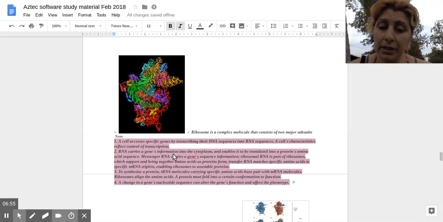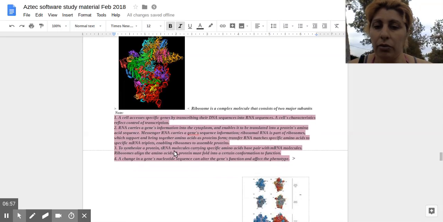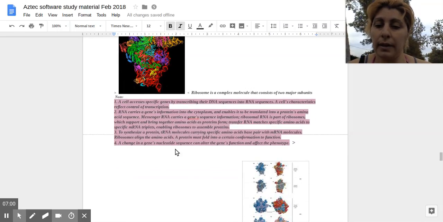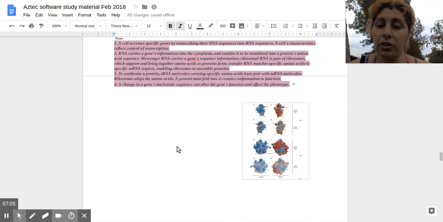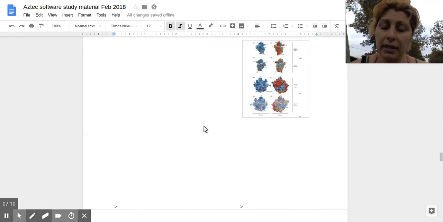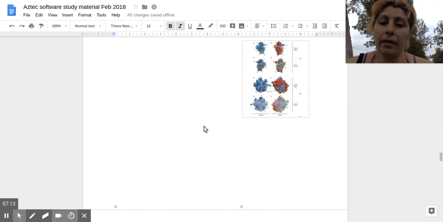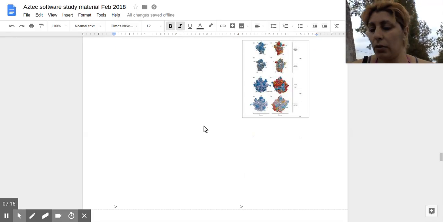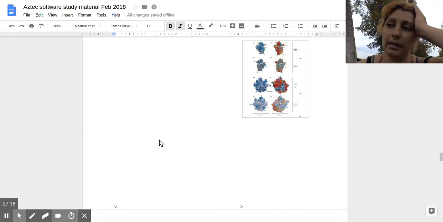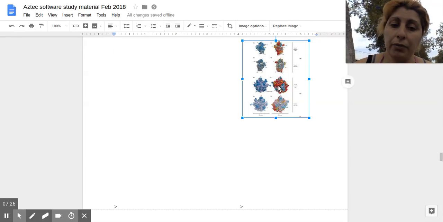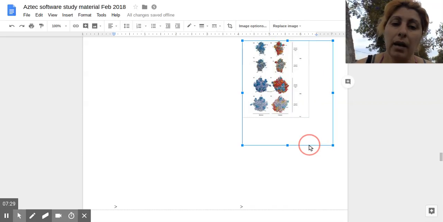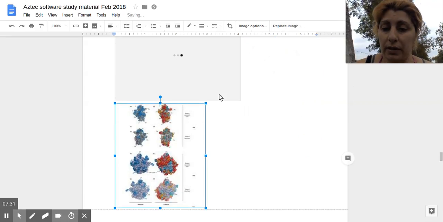Then the protein is folded into certain conformations in order to function the way it's supposed to. A change in the gene's nucleotide sequence can alter the gene's function and affect the phenotype, because the protein will be different. So if you change the way the DNA is expressed, then you will have different proteins being made, and therefore the phenotype, or the expressed attributes, will be different as well.